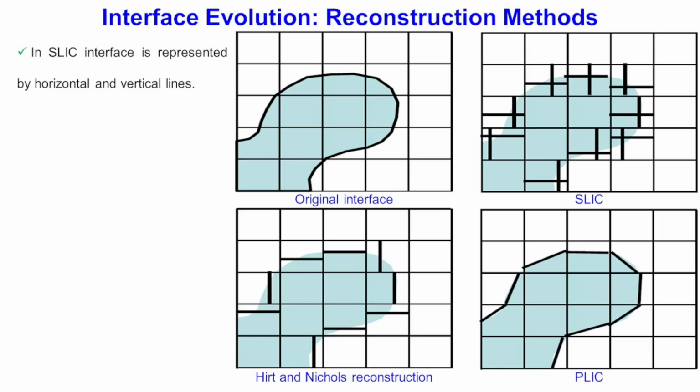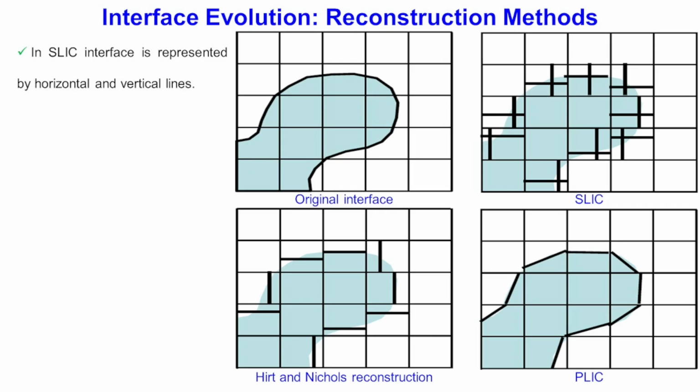These interface reconstructions, SLIC and PLIC, are not only required for intermediate visualization of the flow, but in addition they are also required because whenever I solve the advection of the color function equation, across the common boundaries of the adjacent cells I need to define how much volume of the reference phase is crossing the boundary.